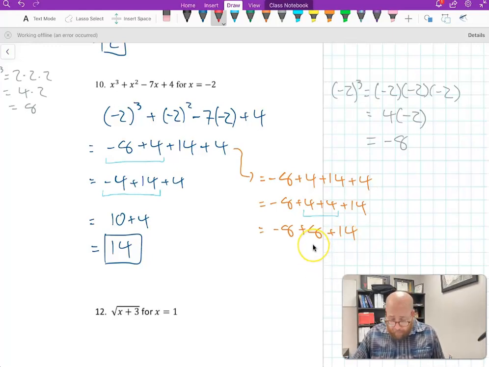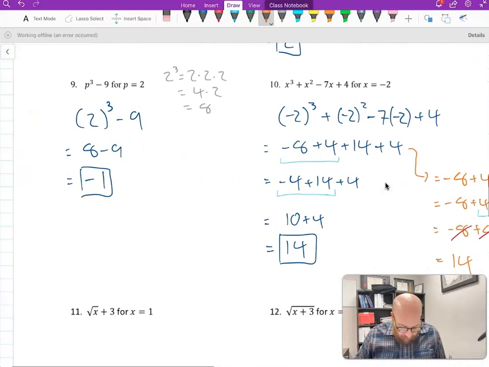Well, the negative 8 and the positive 8 cancel each other out, leaving us with just the 14. That's exactly what we had over here. So, as you go through and do work for a problem, you may start to notice how it may be more efficient to combine terms in a different order than as it is initially presented.